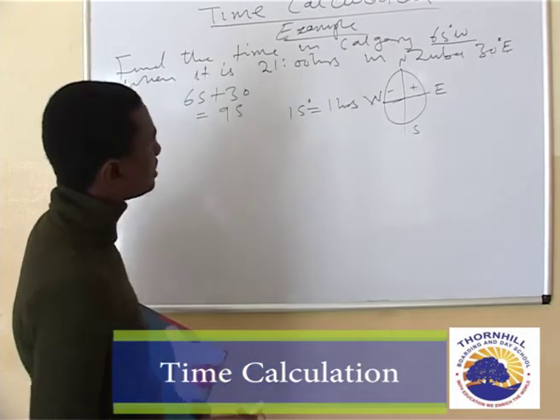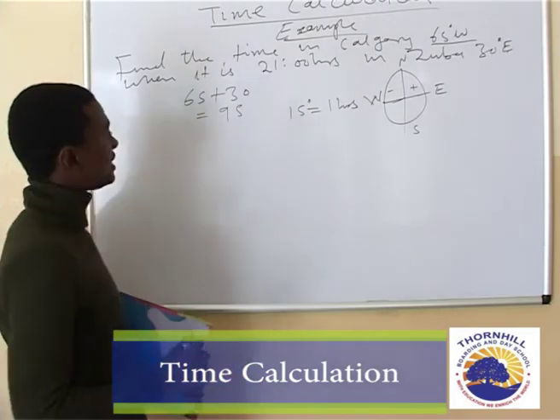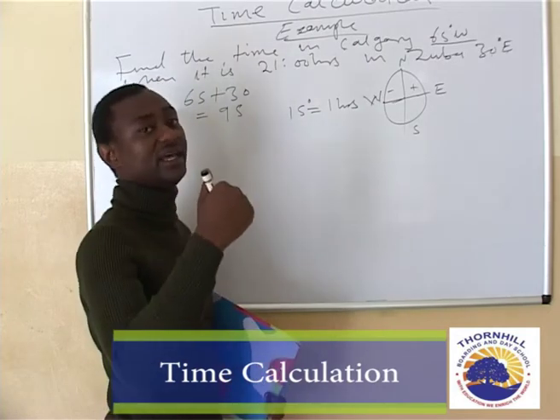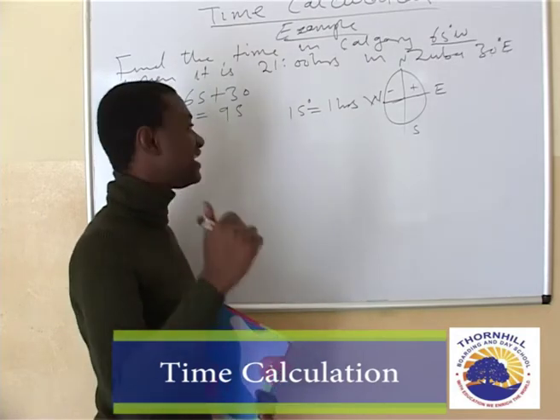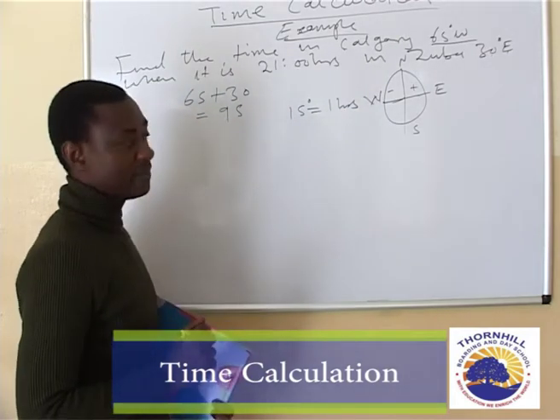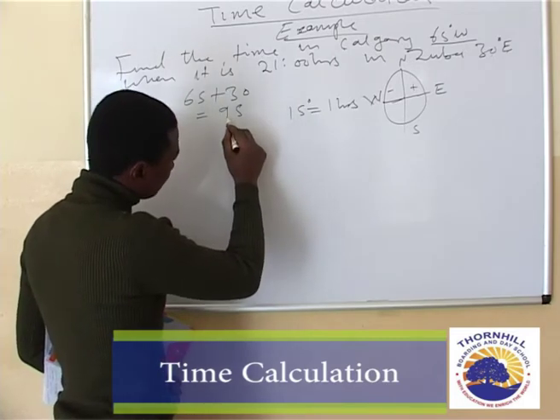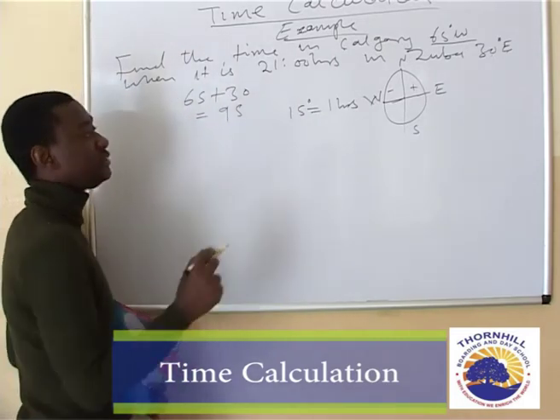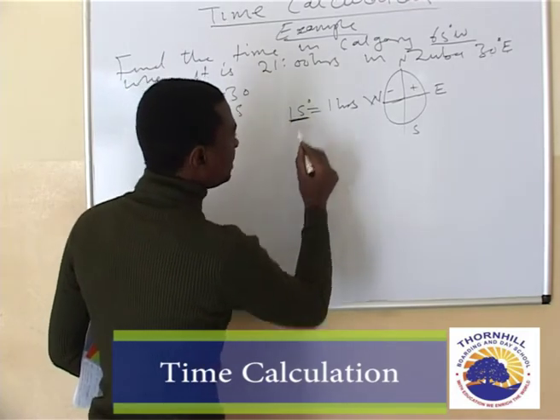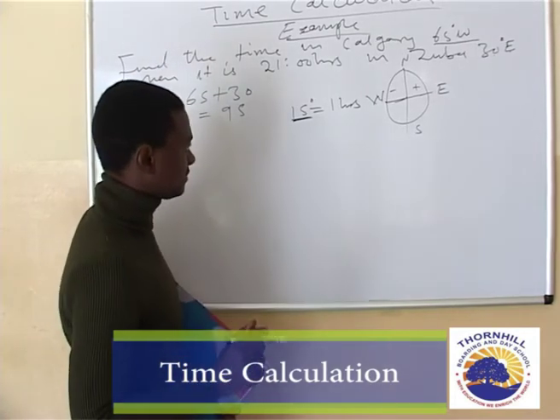When you cover a distance of 15 degrees, either going to the east or to the west, there is a time difference of 1 hour. In order to convert this 95 into hours, we divide by 15. Why are we dividing by 15? Because we want to find the time difference in hours.